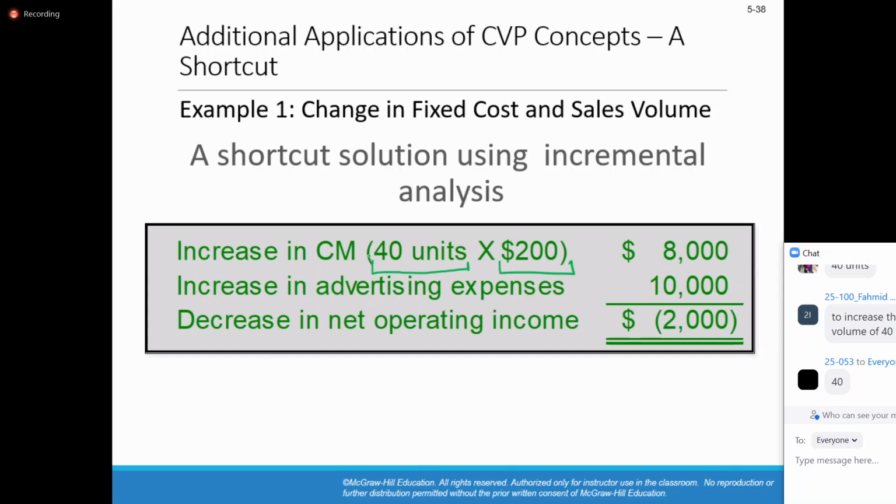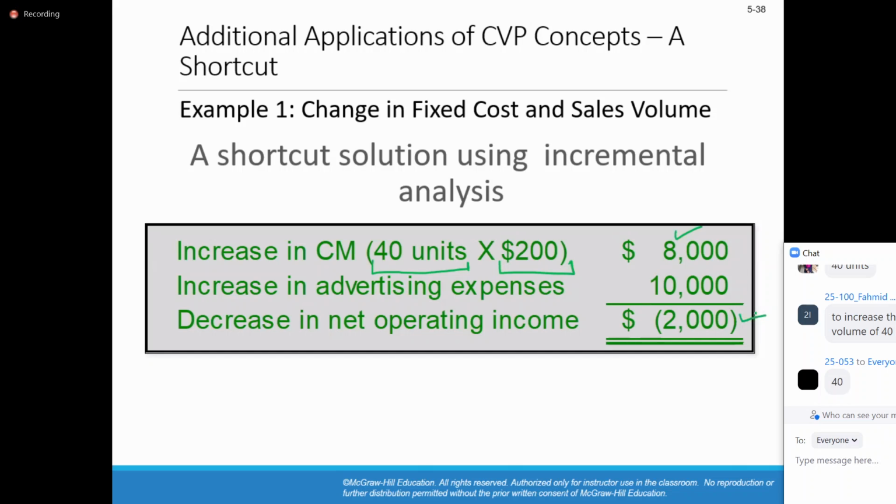If it were a decrease in sales, it would be a decrease in contribution margin. So our contribution margin is going up by 8,000 for the increase of sales from 500 to 540. At the same time, our fixed expense incremental part is 10,000. If we see our changes in profit by subtracting the increase of advertising expenses from the contribution margin, it is 2,000.